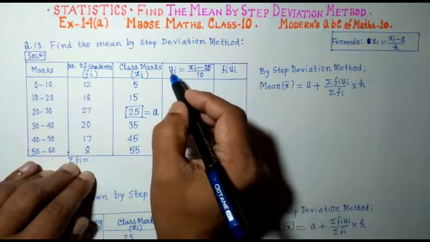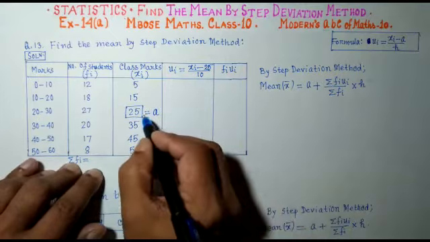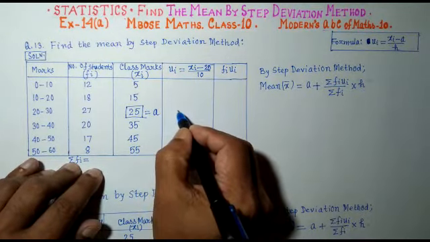And now the value of ui. A very quick method: in the line of assumed mean A, the value of ui will be 0.